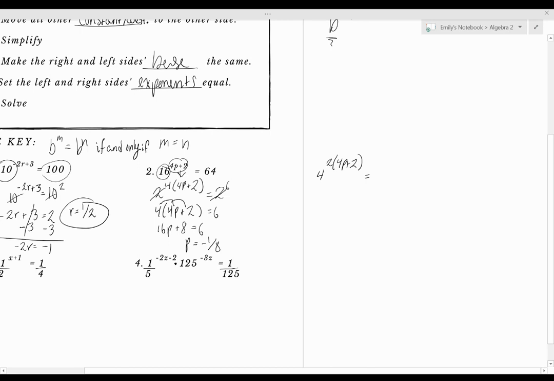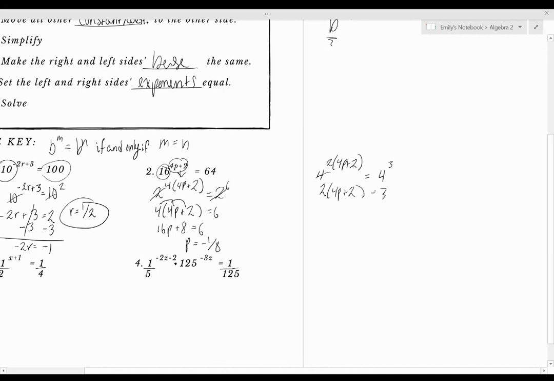And what would 64 be in a base of 4? You can go ahead and pull out your calculator and guess and check for a second. It's going to be an exponent of 3. And again, our bases are now the same, so we can cross them out. So we'll say 2 times 4p plus 2 equals 3.